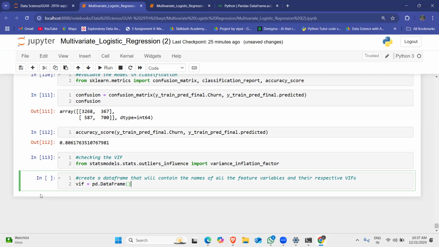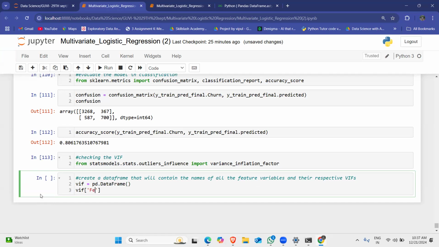So we'll write vif equals pd.DataFrame(). vif['Features'] is a column. In that we are going to pass X_train.columns.